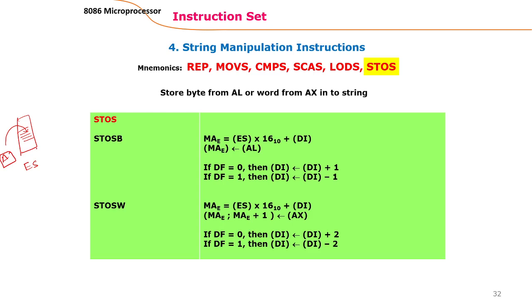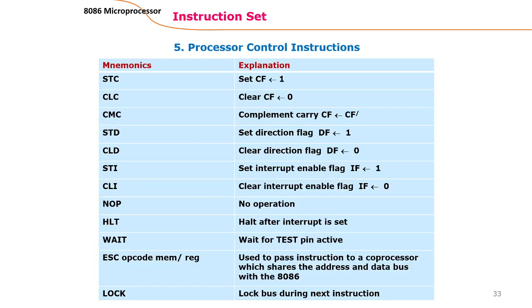This process is considered as string storing. Similarly, we are storing the accumulator data to the destination address. AX lower value will be included here and higher value will be included here, and the increment or decrement will be plus minus 1 or plus minus 2 based on byte and word related operation.